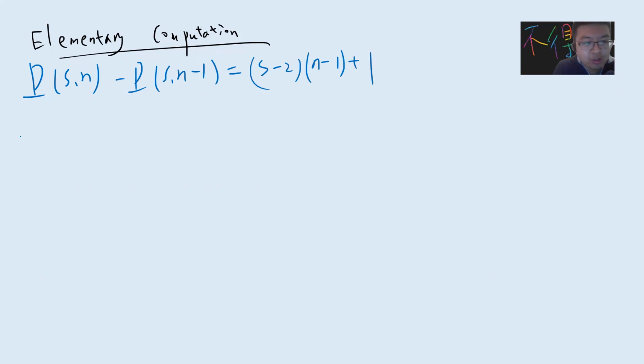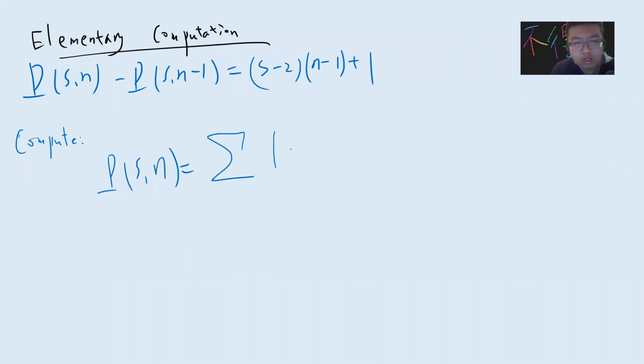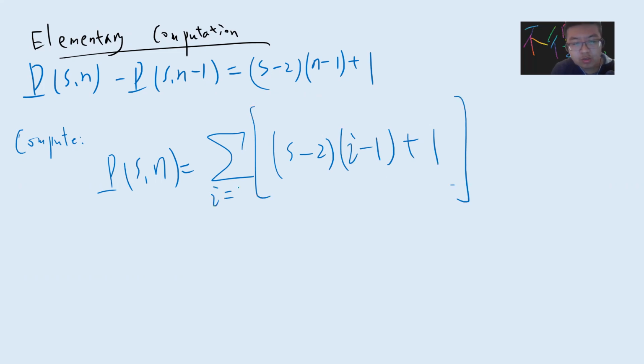Because you can just directly compute your P_{s,n} by doing the summation. Let's say (s minus 2) times (i minus 1) plus 1, with i going from 1 to n. Okay, so which is (s minus 2) times (1 plus 2 up to n minus 1) plus n.